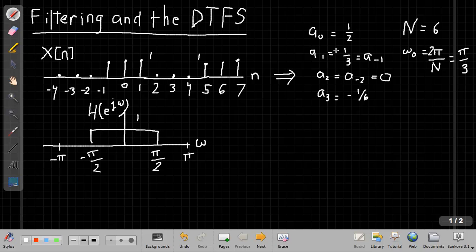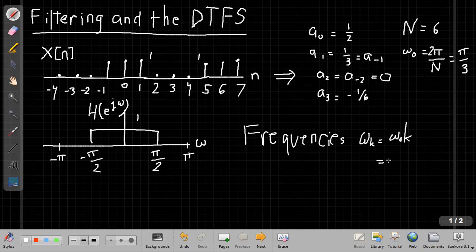And in fact, we might go mark that right now. We know the frequencies we work with in the DTFS are at, we can call them omega sub k because it's different for each k, and those are equal to omega naught times k.